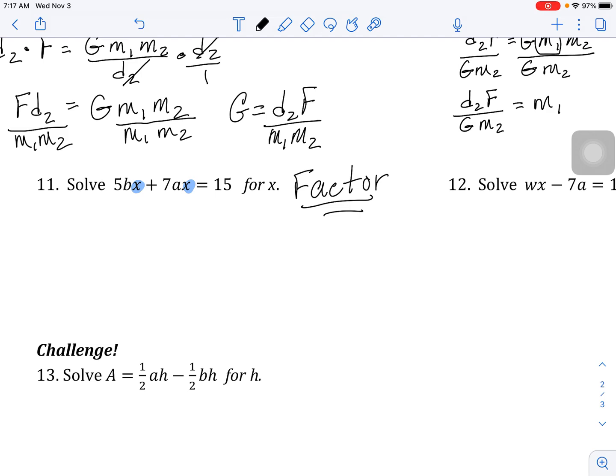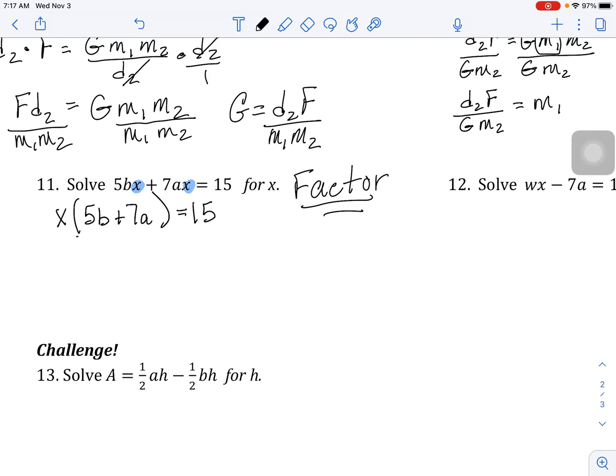And so I'm going to factor as if it were the GCF of the equation. So I'm going to factor out the x, leaving me with 5b plus 7a. That's called factoring. But notice I took the variable from two terms to one term.